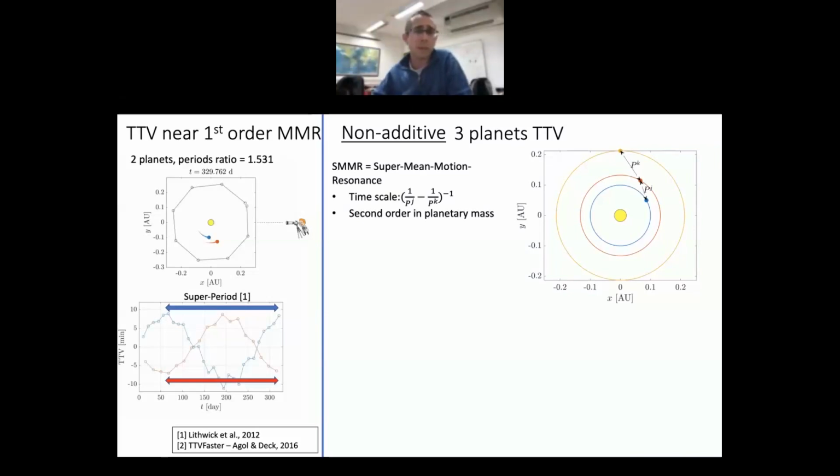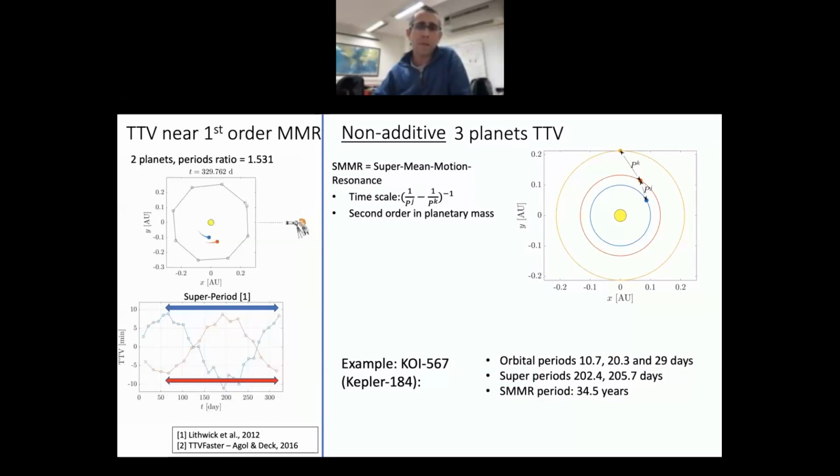And I think it's a nice example of how analytic calculations can give you insights that you can't get from a full n-body integration alone. We found that for a few Kepler systems, this could be detectable in the TTV of order of a few decades.